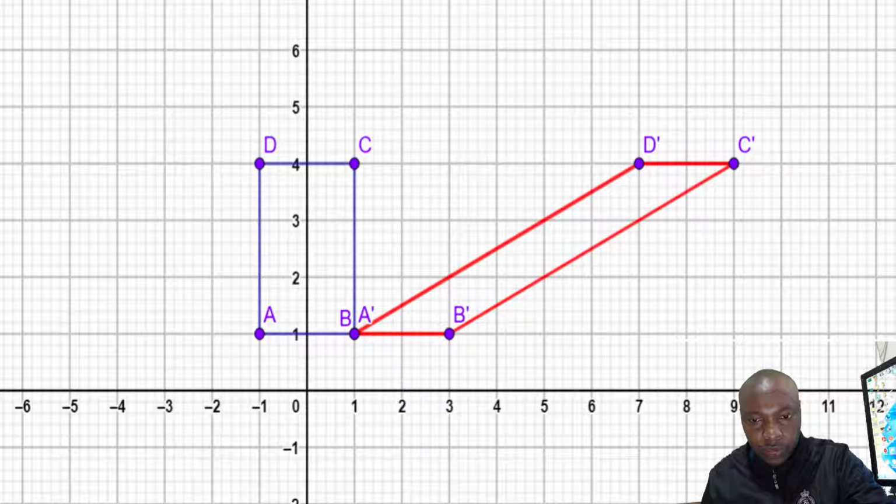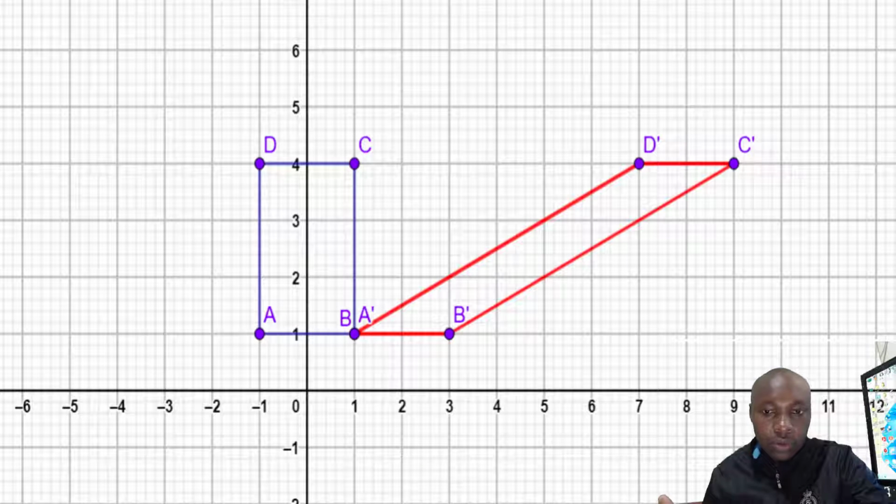Among all those, the student needs to look at them and identify the type of transformation. That is the first way.